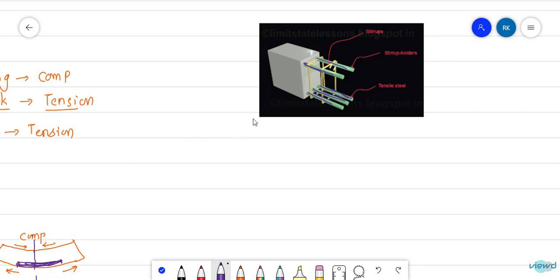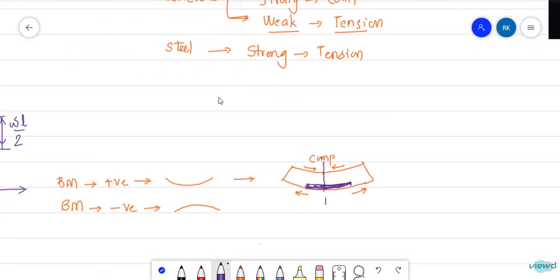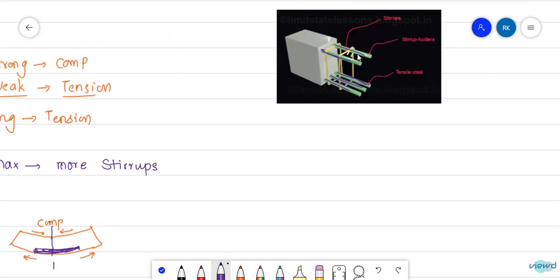Then what is the use of the shear force diagram? Wherever the shear force is maximum, more stirrups are to be used. What are these stirrups? These yellow ones in this figure are stirrups.